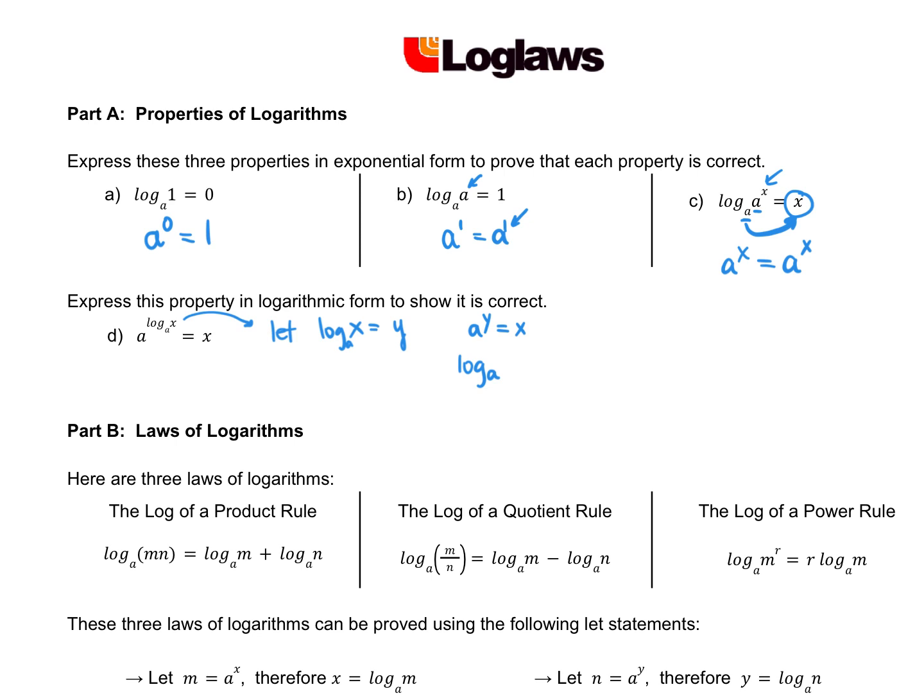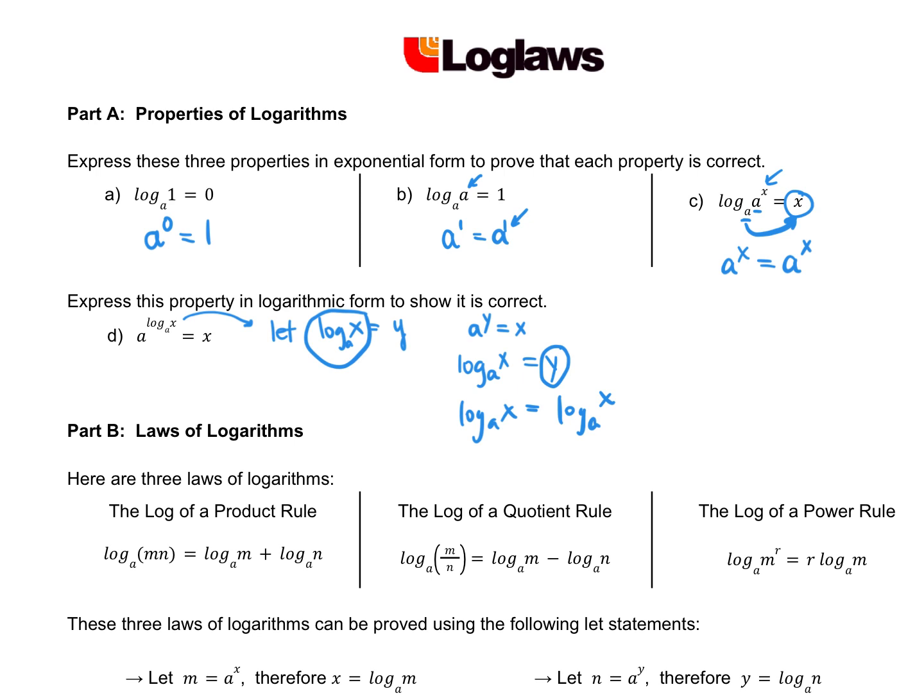I know the exponent on the exponential equation is equivalent to the answer to the log, which just leaves x right here. And now that I've done that, I'm going to go ahead and replace y with what I let y equal. I let y equal log x with a base of a. And the left side and the right side are identical, which means this property is in fact true.